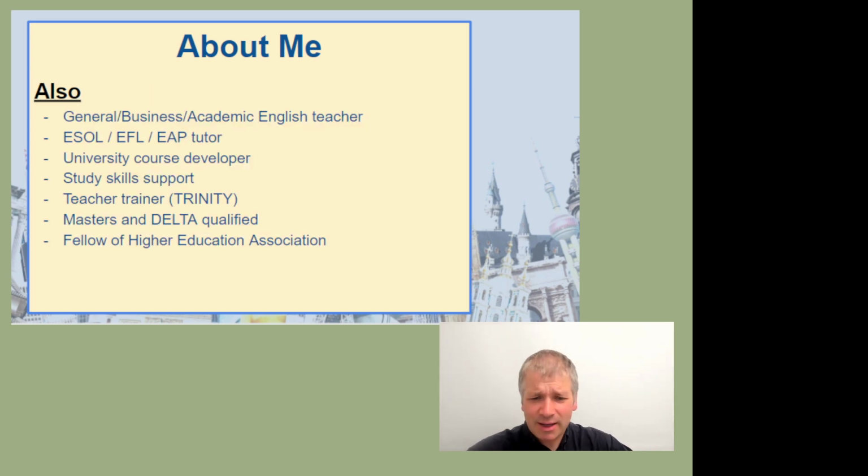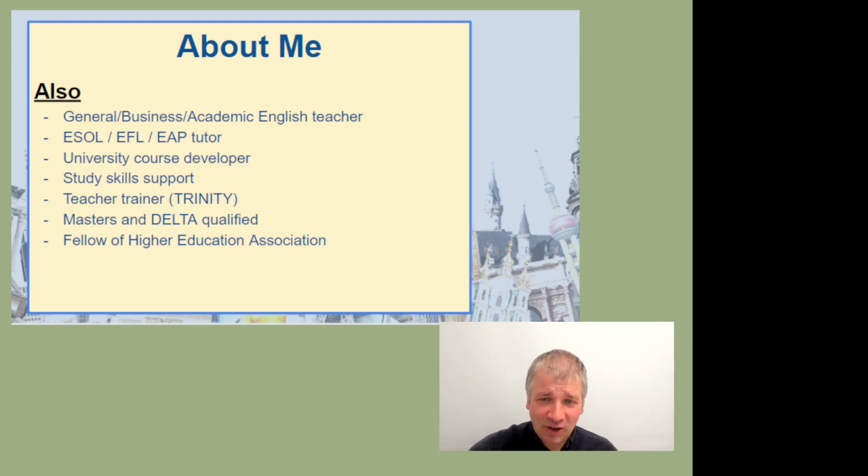And here's another list, a summary of what I've done and what I can do. So general business academic English, ESOL, EFL, EAP, different types of English teaching. Basically, if there's a type of English language teaching, I've done it. As I said, I'm a university course developer. I can provide study skill support for students, so making sure you're studying in the right way.